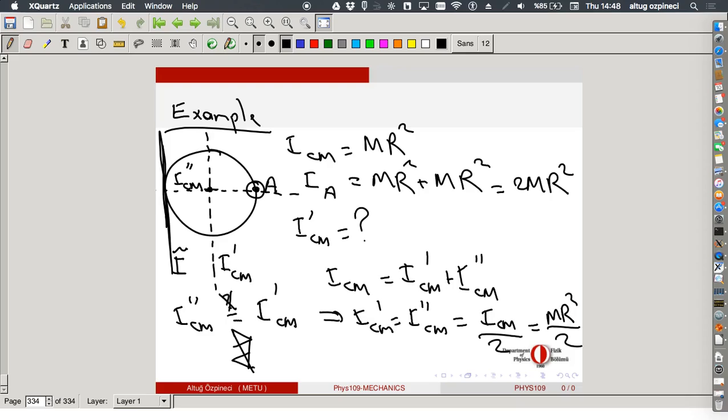This still passes through the center of mass, both of this axis and this axis, they pass through the center of mass. So I can just shift them to this point if I just shift it by a distance r. So that moment of inertia, I tilde, will be equal to I center of mass prime plus m r squared, which is 3 over 2 m times r squared.